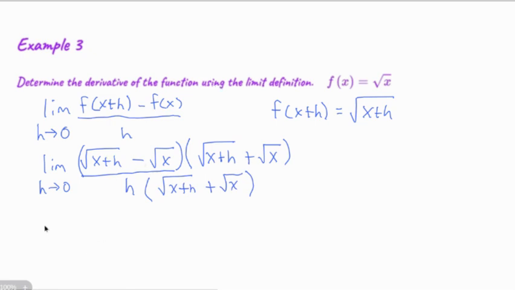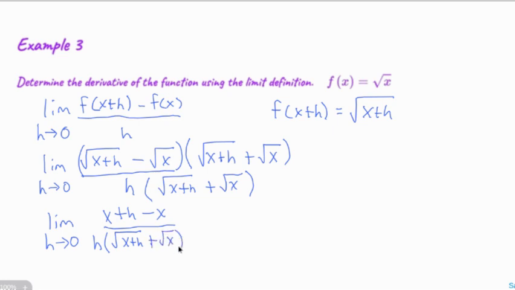Okay, and we create our difference of squares, so it's the limit as h approaches 0. We get x plus h minus x all over. And then as usual, don't distribute the h in. Don't do any distribution there. We'll just have to undo it later. And then we can do some canceling.